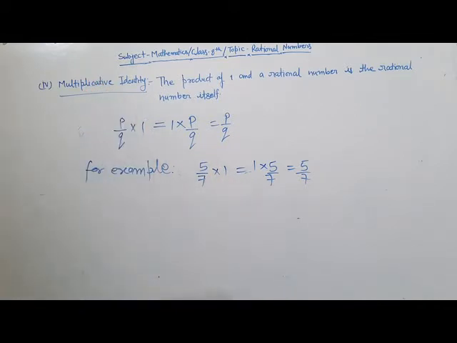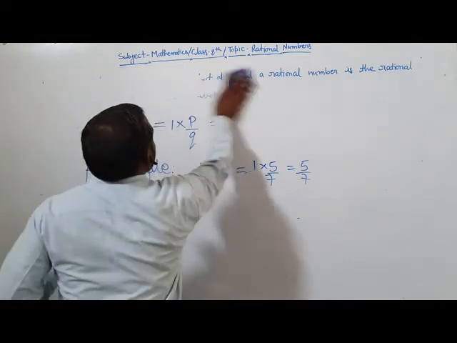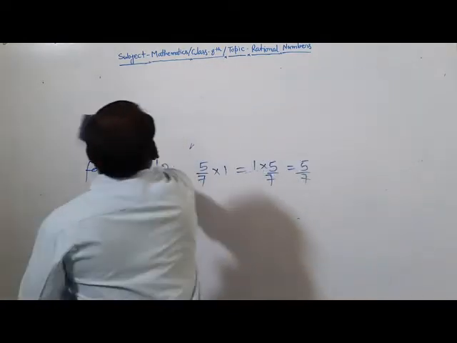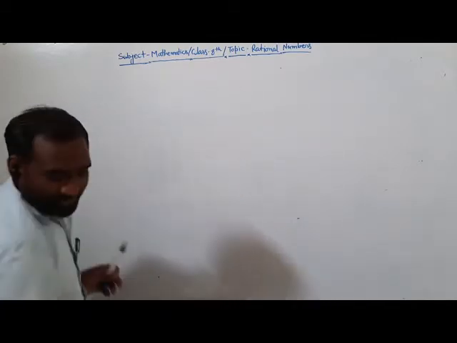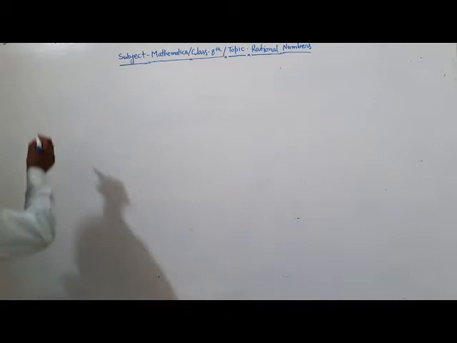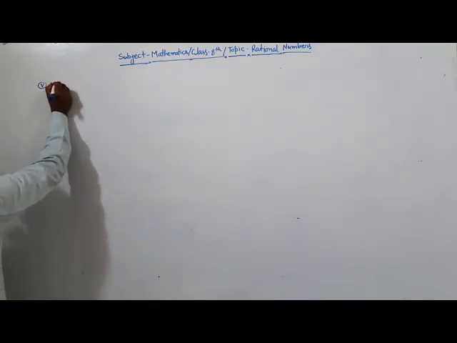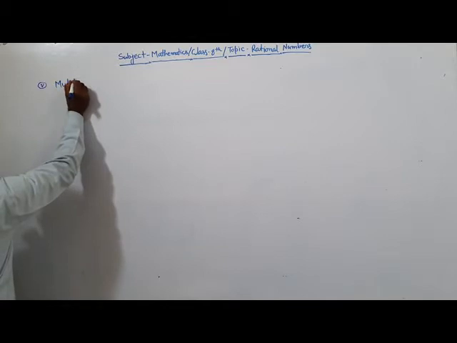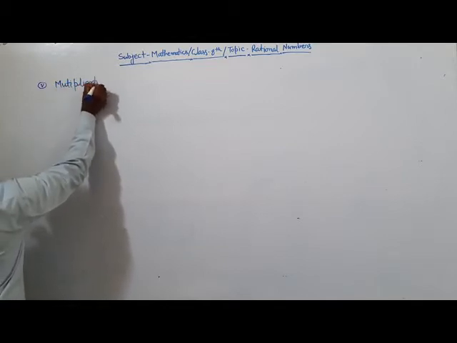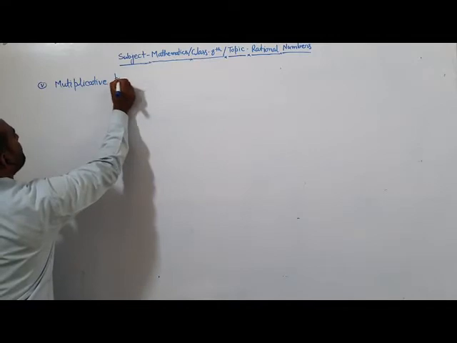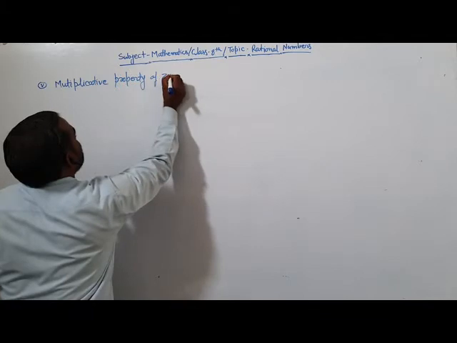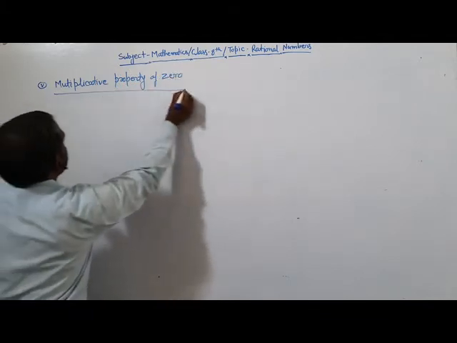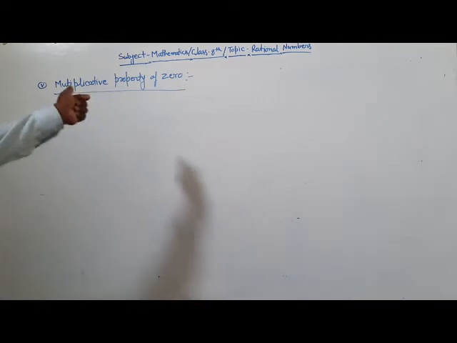Next is the multiplicative property of 0.